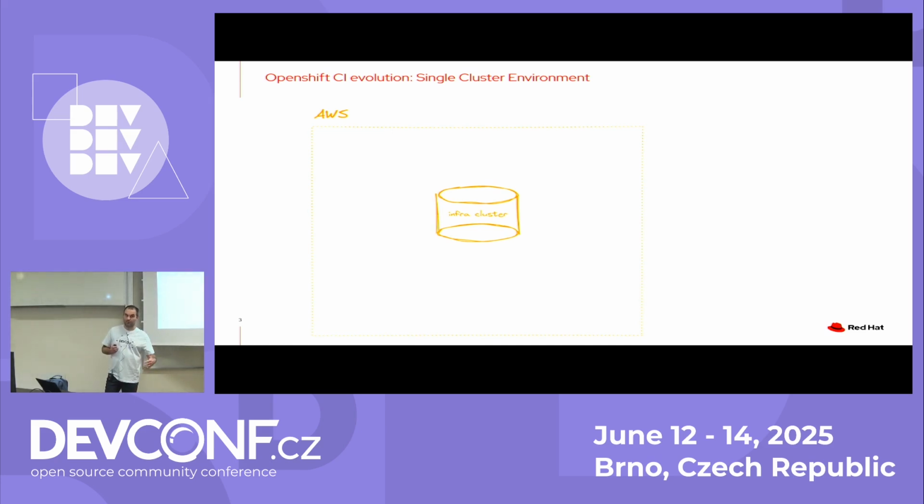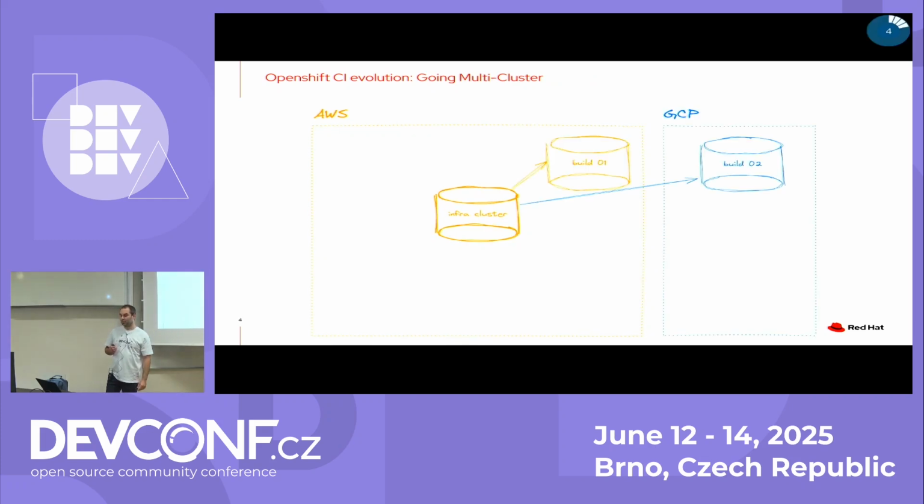Then time was passing and we switched to the multi-cluster environment. We had 2 clusters at the beginning. We are talking about a time span of, let's say, 5, 6, maybe 7 years since the start of the journey. So somewhere in the middle, we switched to multi-cluster, and we hosted 1 cluster for building on AWS, and then a second one on GCP.